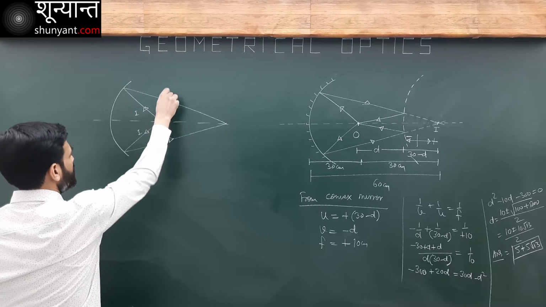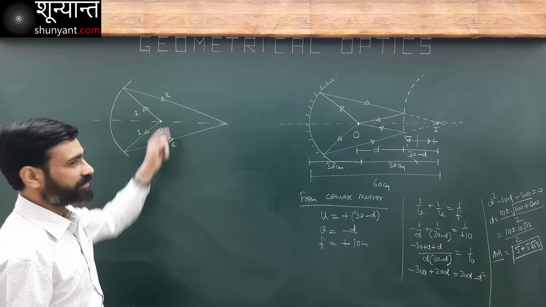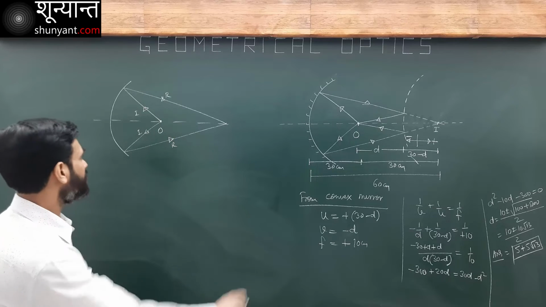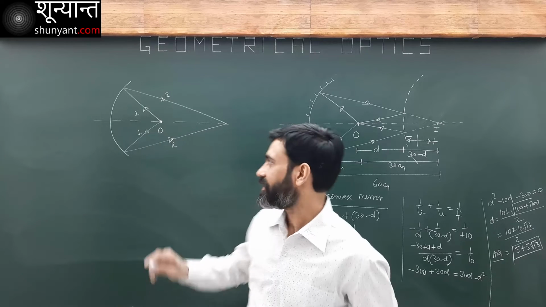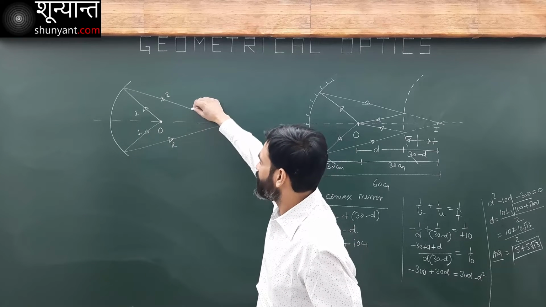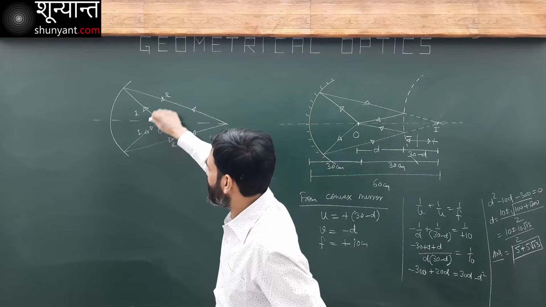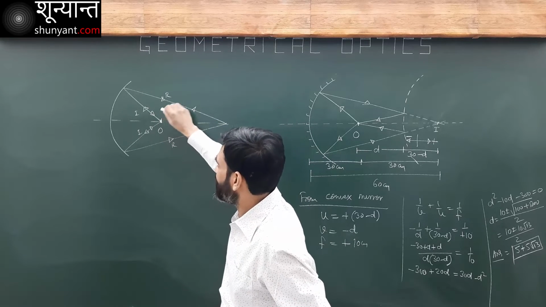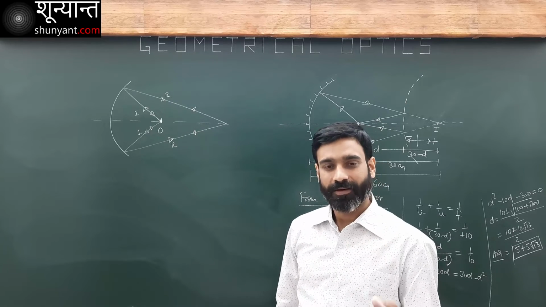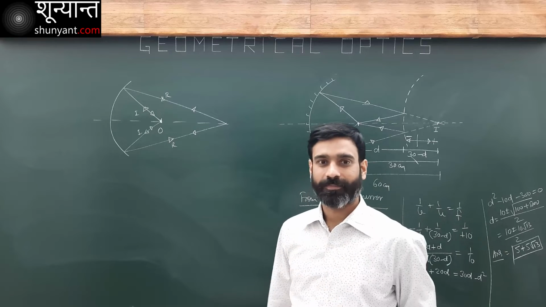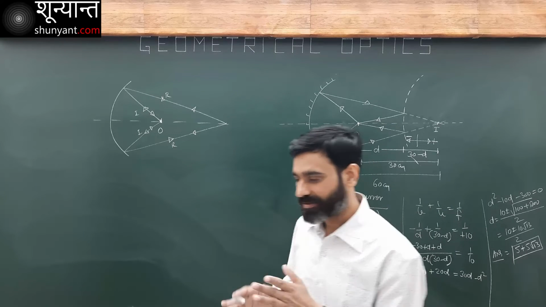This is reflected ray. What if I reverse it? Because finally the light ray has to reach here. If I simply reverse it, then everything will be reversed, and the light will finally reach at O. Light will start from O. It will finally reach at O. That means from somewhere it must retrace its path.